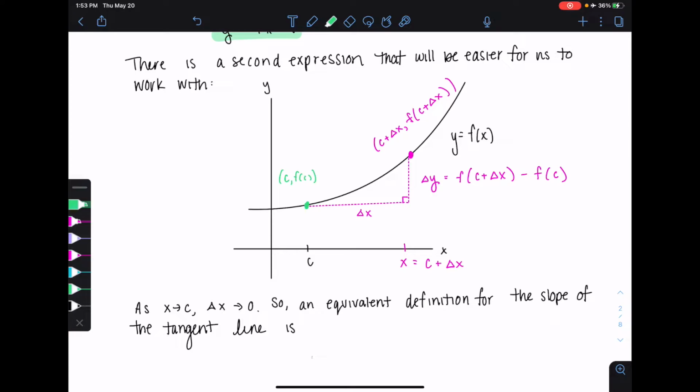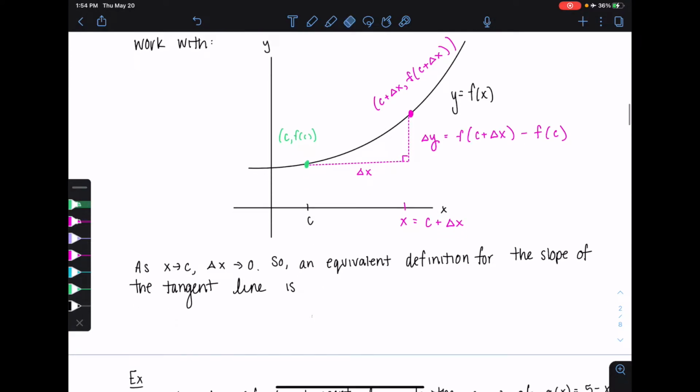So really, an equivalent expression for my slope of the tangent line is the following. My slope is going to be the limit as x approaches C of the slope of my secant line. But really, the slope of the secant line is the change in y over the change in x.